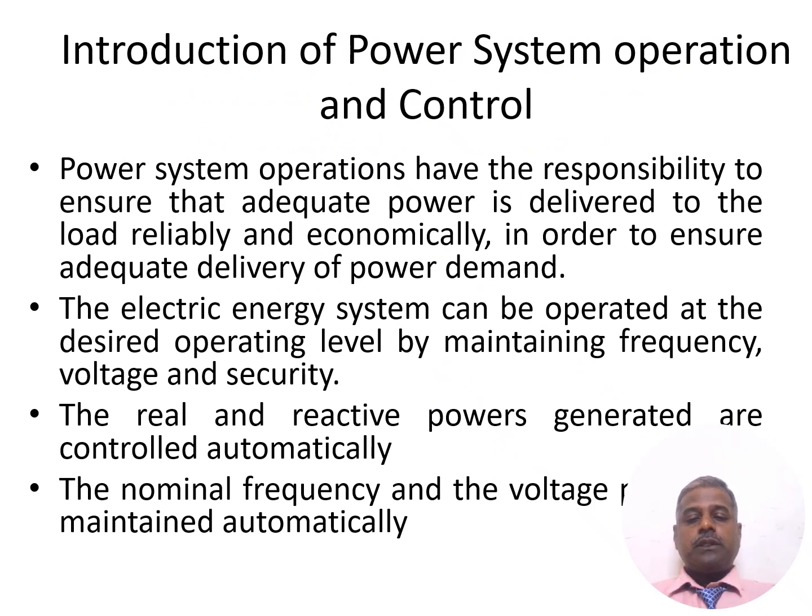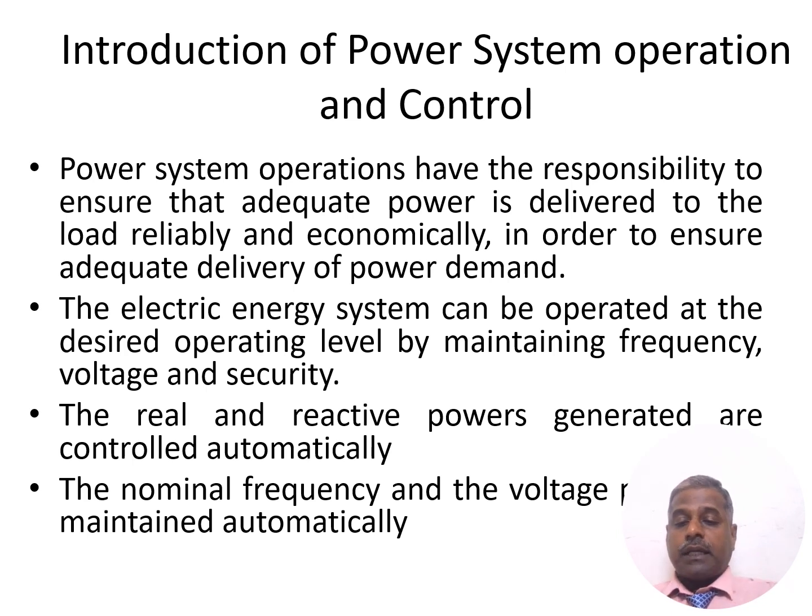First we see about the introduction of power system operation and control. A power system is a combination of generation, transmission and distribution. In the power system, we generate the voltage at the generating station. This voltage is transmitted by the transmission section.